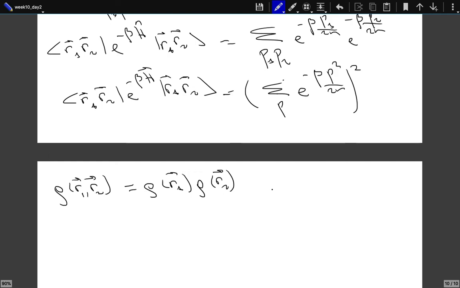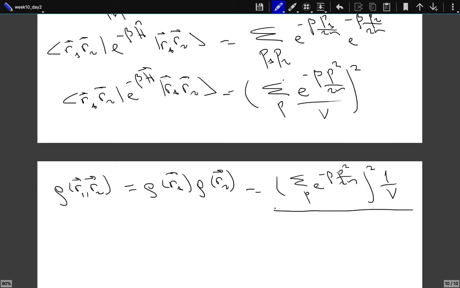This will be just this number. So there's a 1 over V over here, squared, 1 over V, divided by, well, the normalization.